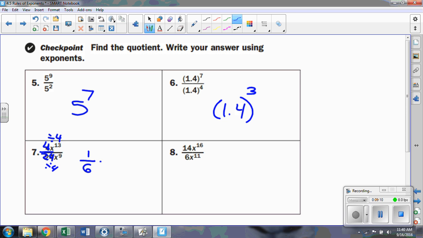Right, so we've got that part, and then we need the variable portion. 13 subtract 9. So we've got the number portion, we've got the variable portion, and those two things can be written together, x to the 4th over 6. And we're finished.